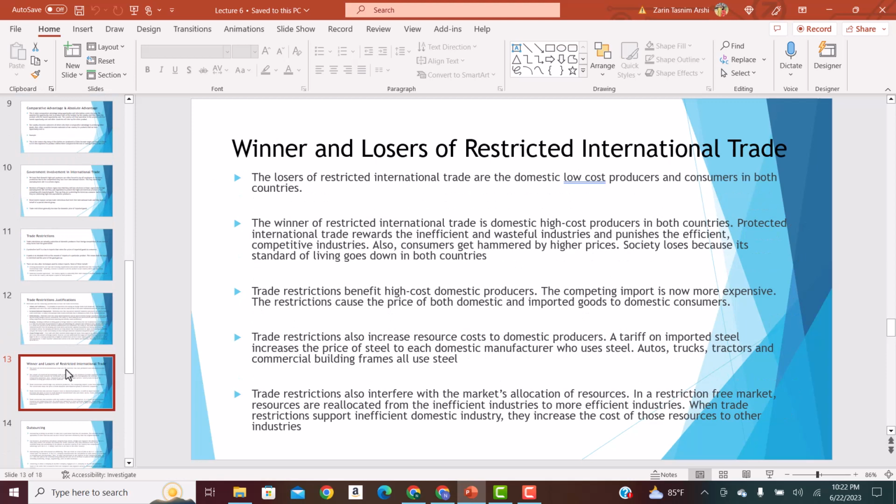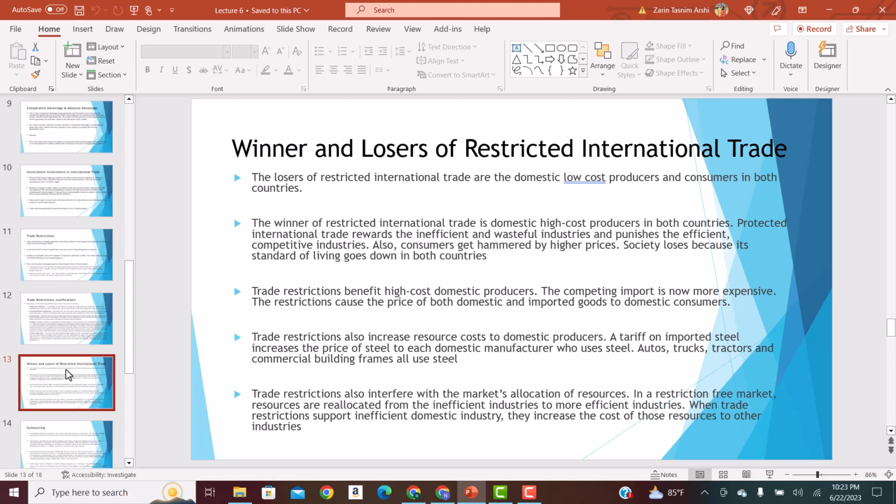restrictions. I think we discussed who are the winners and losers of restriction of international trade. The losers are the foreign countries. The losers are the consumers because they get high prices. They get limited choices. Foreign producers are also the losers because they have a limited market now.